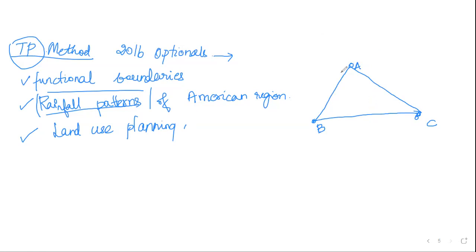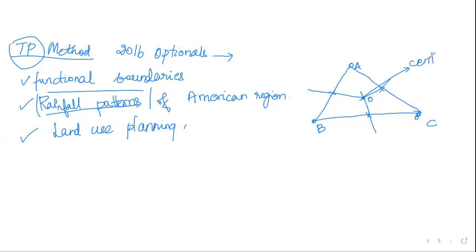Now I am taking the midpoint of these three lines, and I am drawing the perpendicular bisectors of those three lines. Now there is a point I'm getting here, a center node.